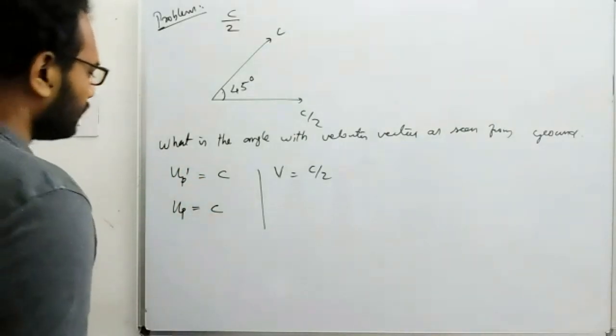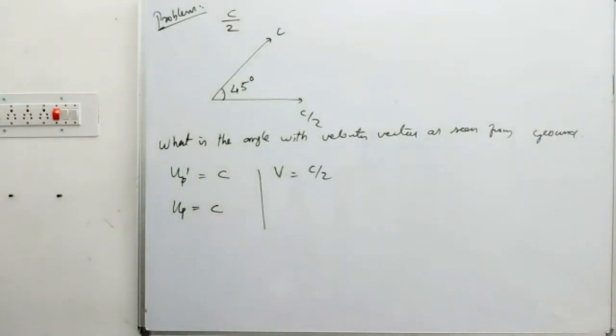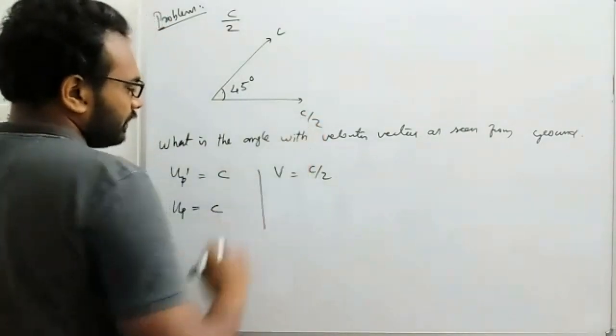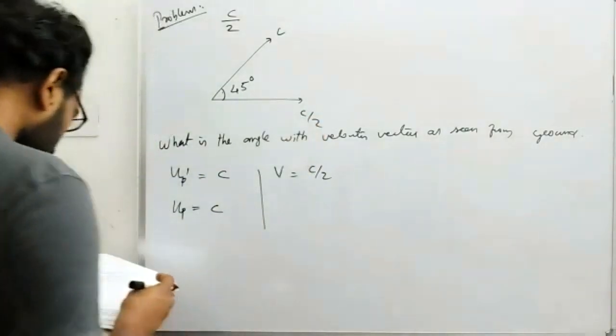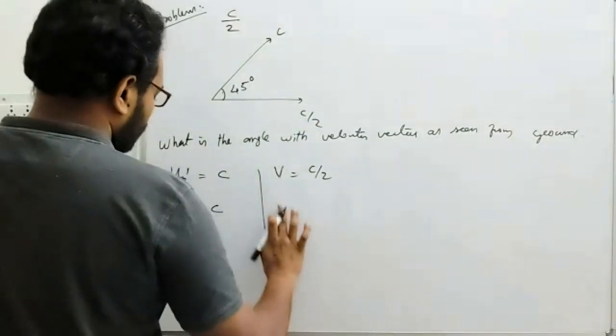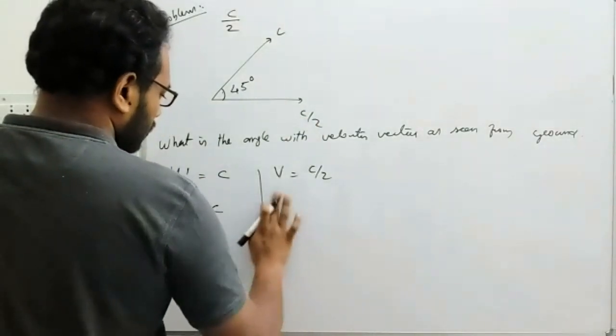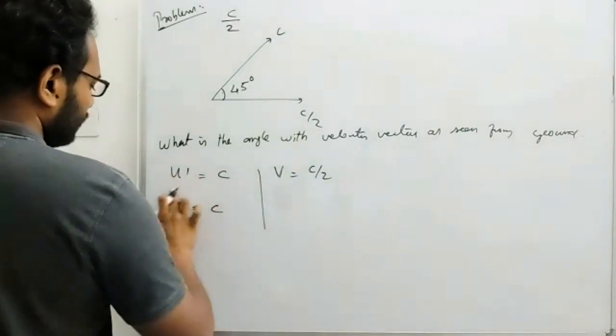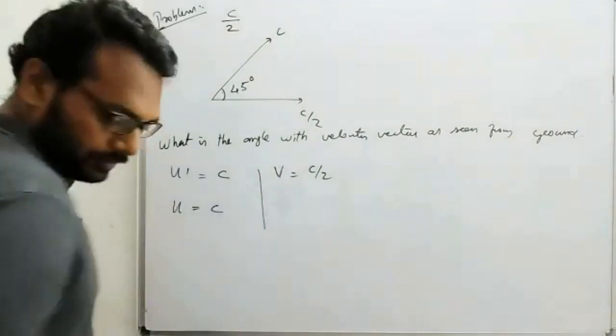Imagine it's a photon or something. u prime is equal to c, u is equal to c. So V is equal to c by 2. That's the speed of the car. Let's call it u, so that we don't have any indices.